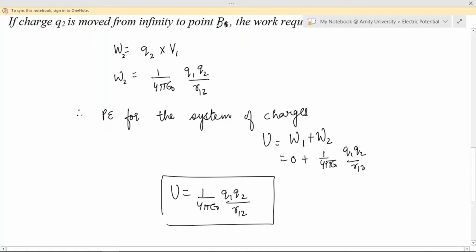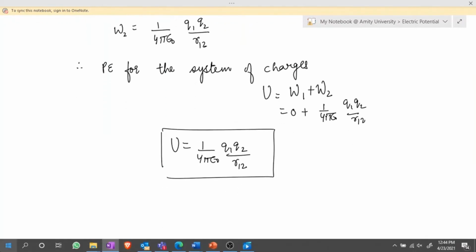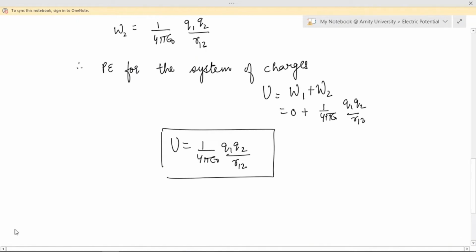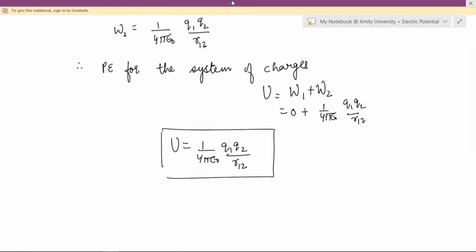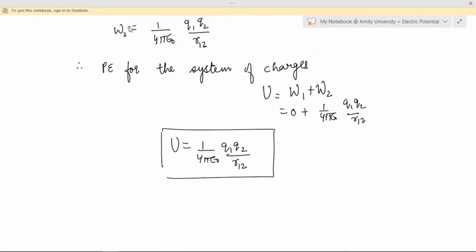Now similarly, suppose I consider a system of three charges, let's say Q1, Q2 and Q3.